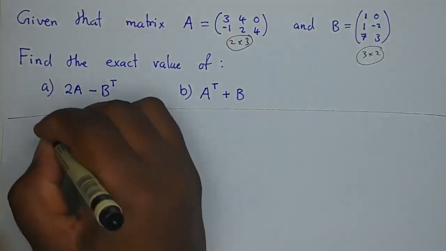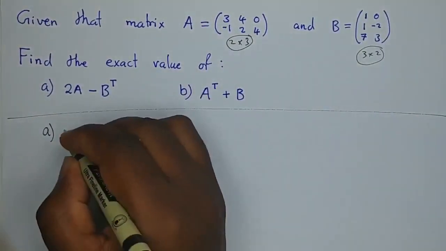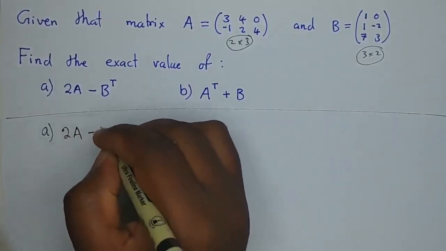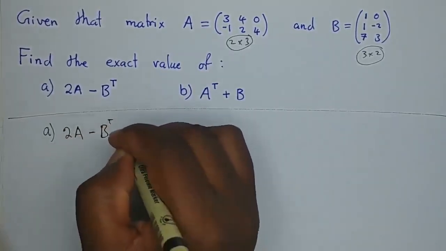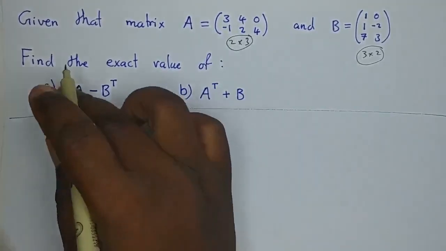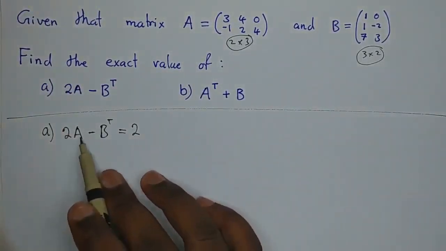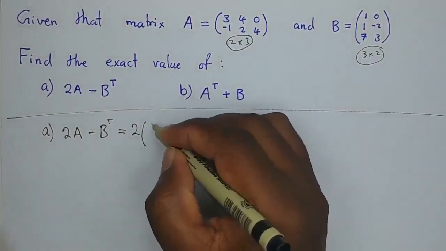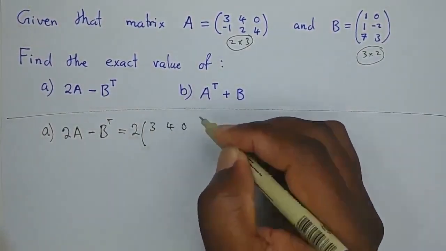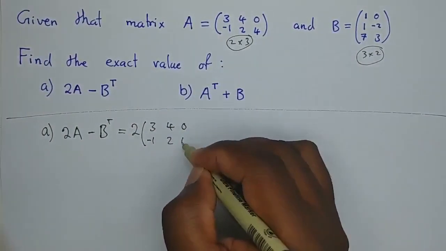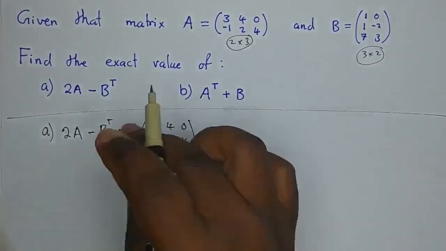So for A, we have 2A minus B transpose. The 2 is just a scalar. So 2 multiplied by matrix A is 3, 4, 0, negative 1, 2, 4, minus B transpose.